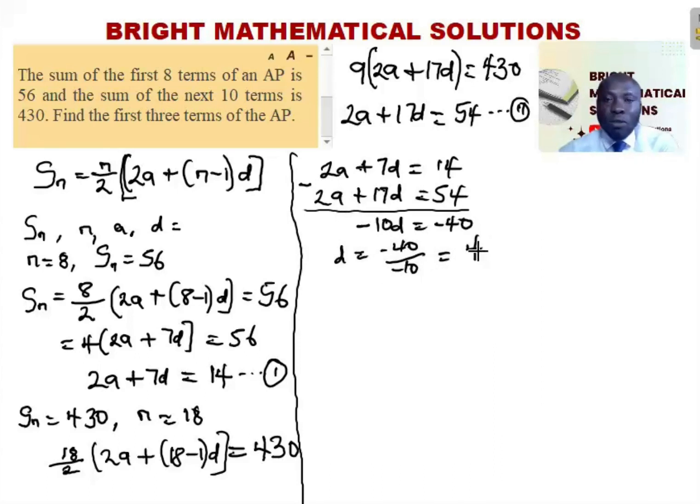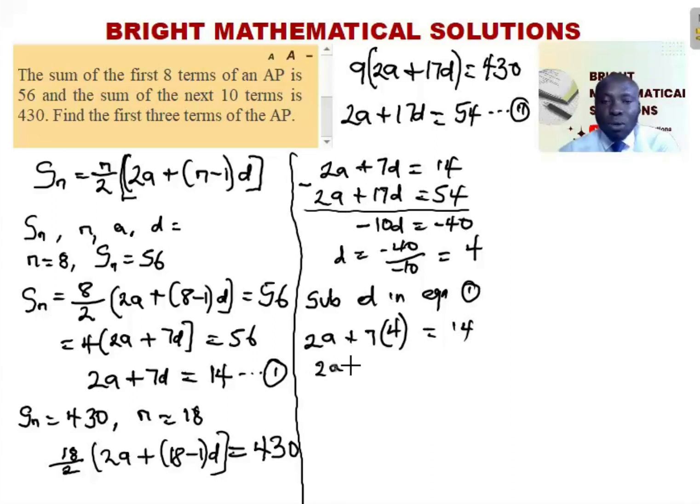If the value of d is 4, we can substitute into either equation 1 or equation 2. So substitute d in equation 1. Our equation 1 is 2a plus 7 times 4, remember our d is 4, equals 14.